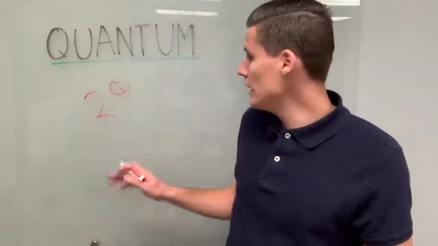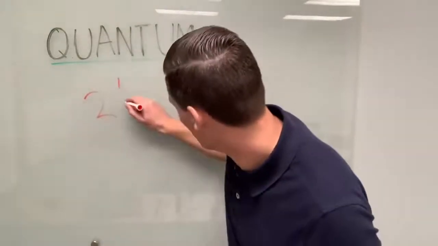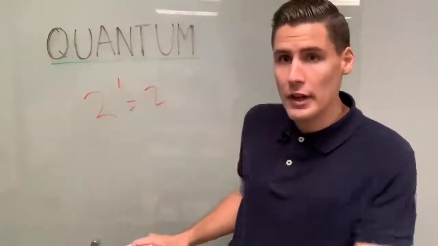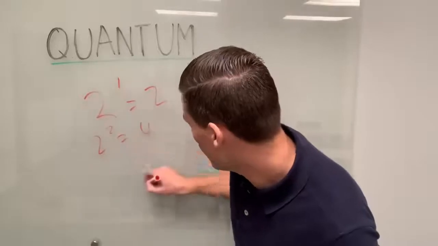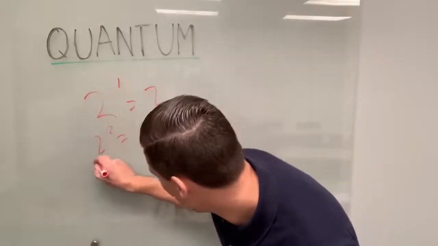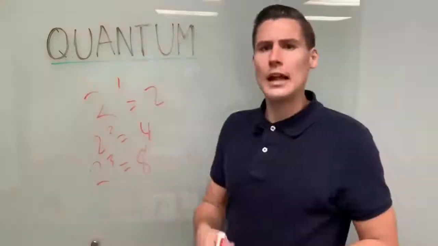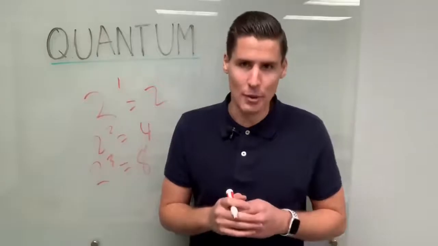So if it's a 1 qubit computer, it's 2 to the 1 power, 2 states at once. If it's a 2 qubit computer, you could be in 4 at once. If it's a 3 qubit computer, you could be in 8 at once, and so on and so forth down the line until you get to an unimaginably huge number.